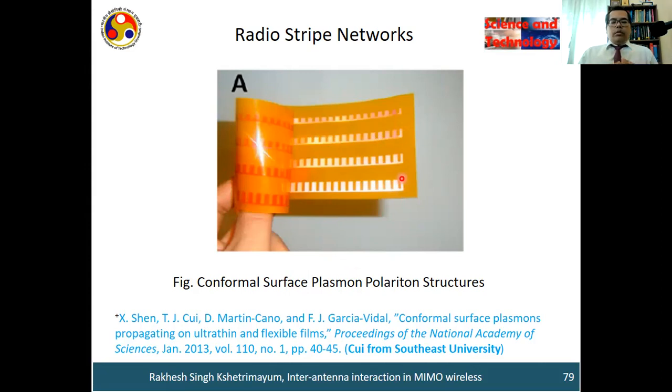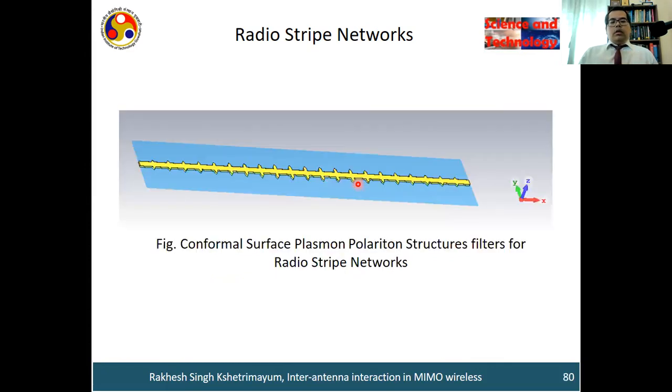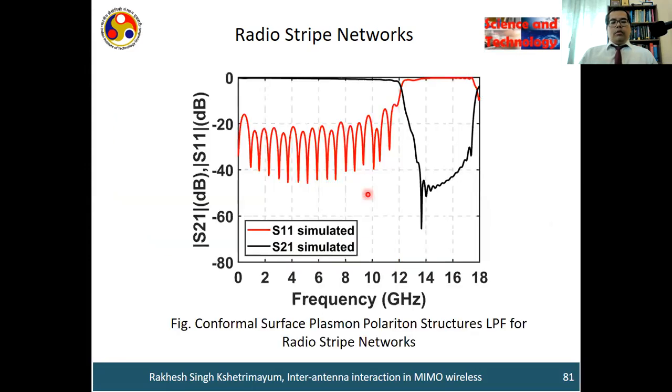So we thought that this is a very good idea for implementing radio stripe networks. And we implemented a conformal spoof surface plasmon polariton structure. We designed a filter. This is the structure of the filter. And we thought that this kind of structure could be a possibility for radio stripe networks.